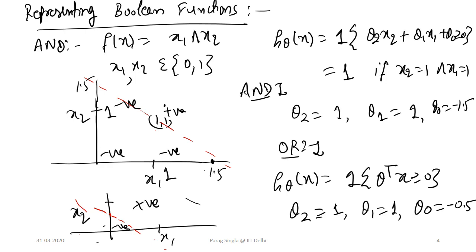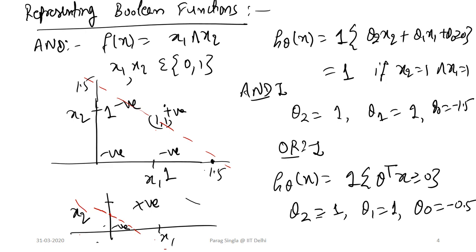Similarly, think about what these parameters might be when representing the OR function, right? So maybe I'll not draw this line explicitly, or let me just draw it here.